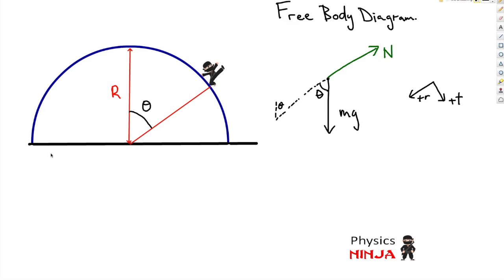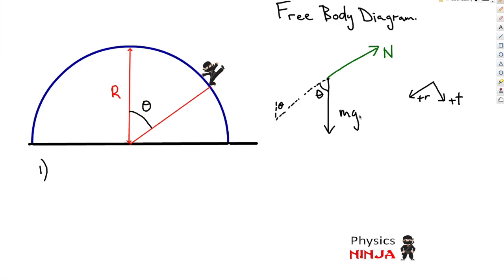Okay, so the next step, we simply have to write Newton's second law. So first equation, we'll take the sum of the forces acting along the radial direction. We have two forces.